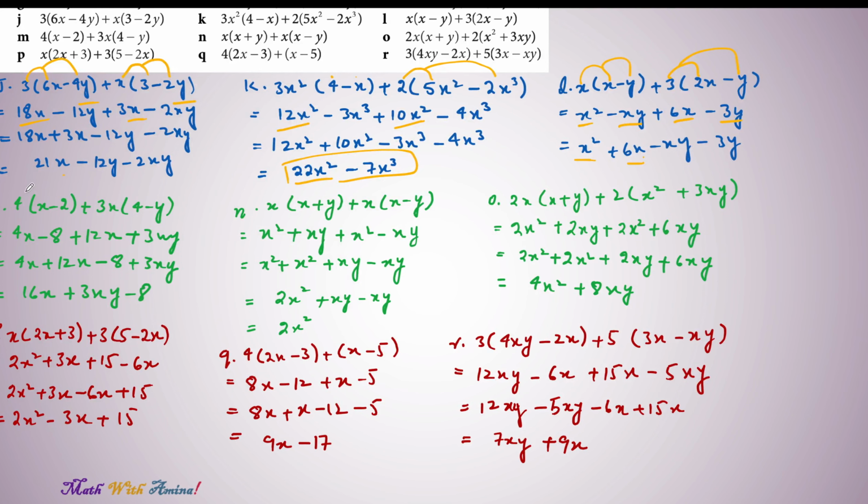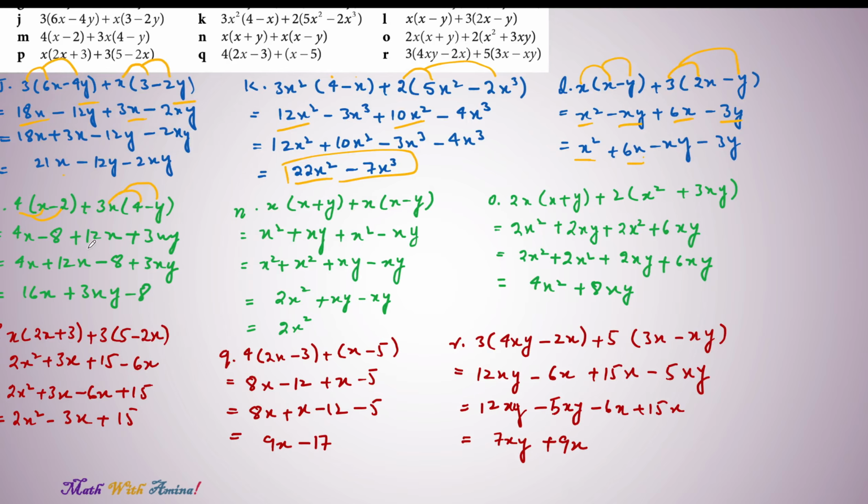In here in the m expression, we have 4 into bracket, we have x minus 2, so 4 gets multiplied with x, 4 gets multiplied with minus 2, we get 4x minus 8. Then we have plus 3x. In the second bracket, we have 4 minus y, so 3x gets multiplied with 4, and 3x gets multiplied with minus y.